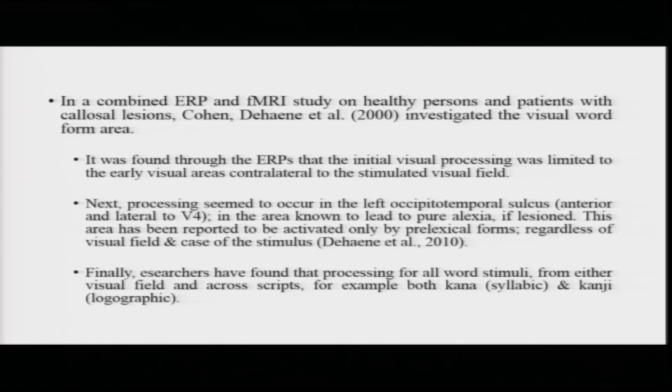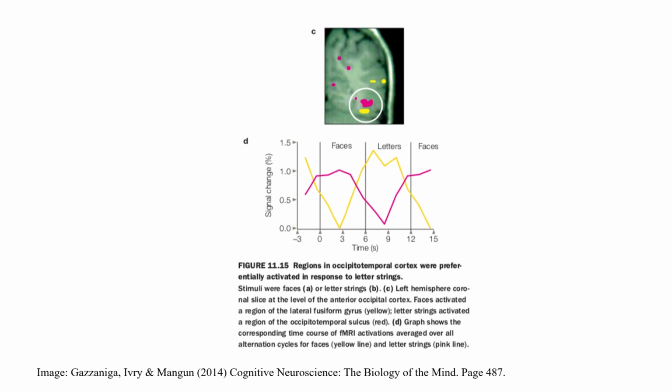Researchers have also found that this area processes all kinds of word stimuli, irrespective of whether the input comes from the left or the right visual field. And also across scripts. Whether syllabic scripts or alphabetic scripts, this area will get activated.